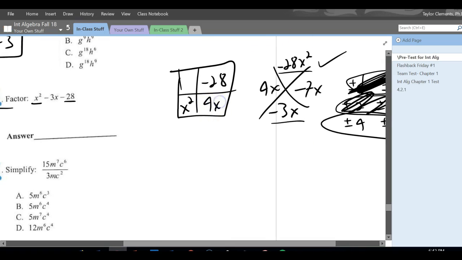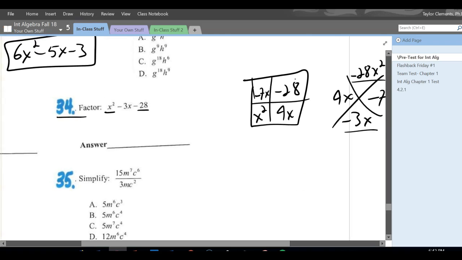So those are the ones we want. 4x here, negative 7x here. Okay, now let's ask ourselves, what do these two things have in common? They both have a 4, and that's it. What do these two have in common? An x. What do these two have in common? An x. And now I can check myself. 4 times x is 4x. So that's good.